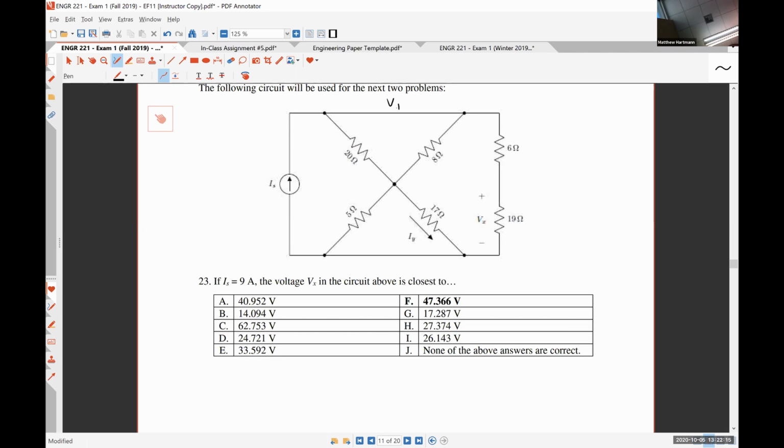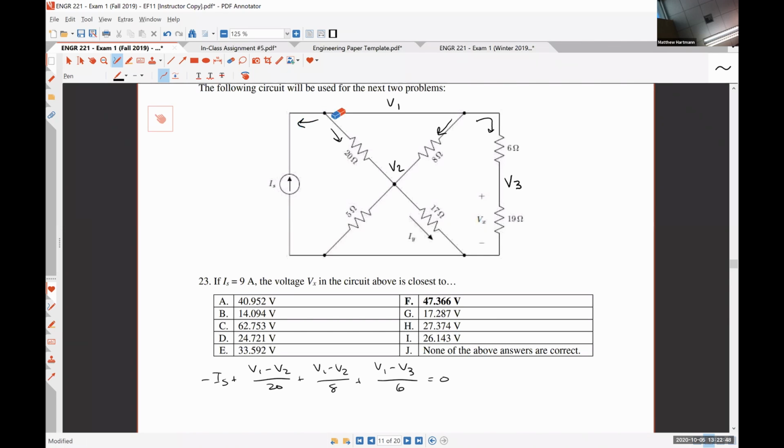So let's call this guy node 1, node 2, and node 3. So KCL at node 1 means we're going to be looking for this current, this current, this current, and this current. So that is negative IS plus V1 minus V2 over 20 plus V1 minus V2 over 8 plus V1 minus V3 over 6 is equal to 0.